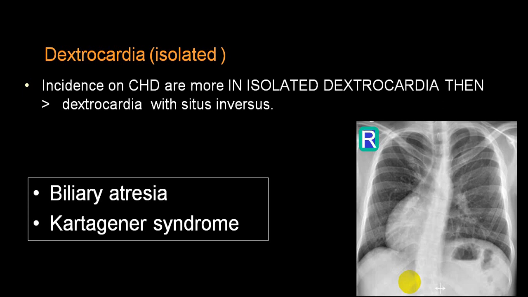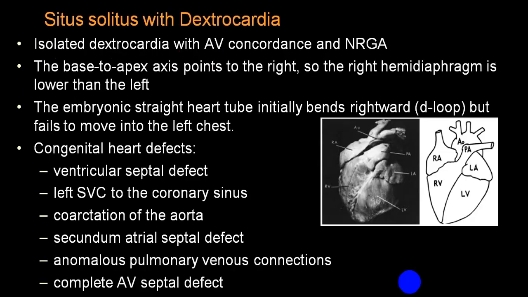Another associated condition in dextrocardia with situs inversus is biliary atresia. So these are the two additional abnormalities you can come across, biliary atresia and Kartagener syndrome. So you should look for that.